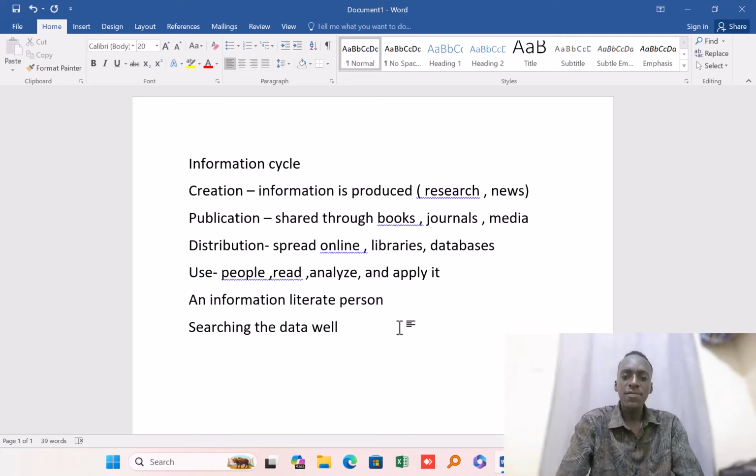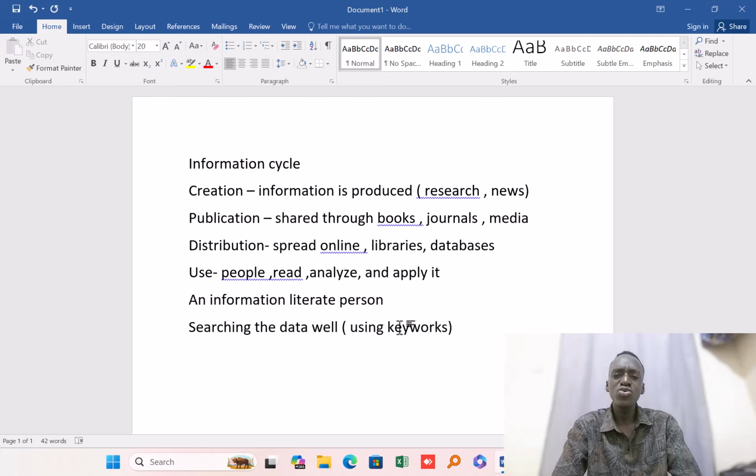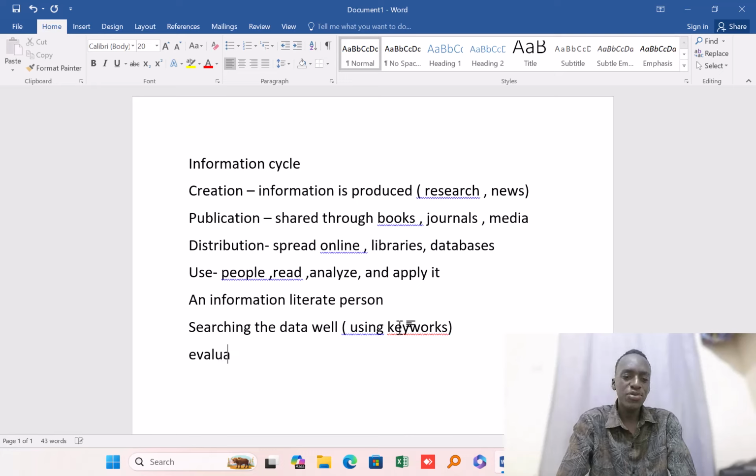We shall have maybe using keywords. If you use keywords in your search, you'll be able to prove to people that you're information literate. Another thing we will have is evaluation of the work, just putting it on a scale.